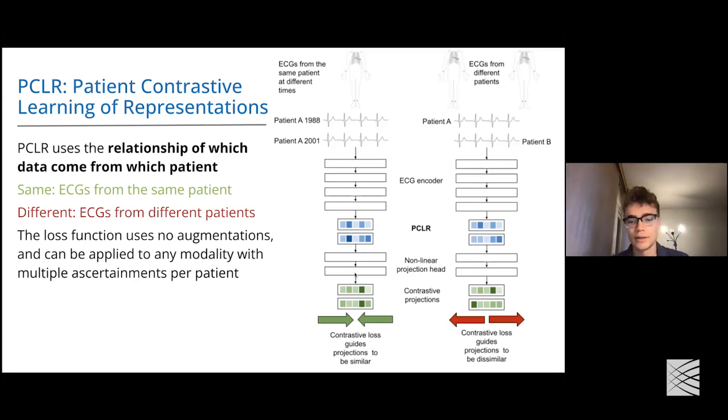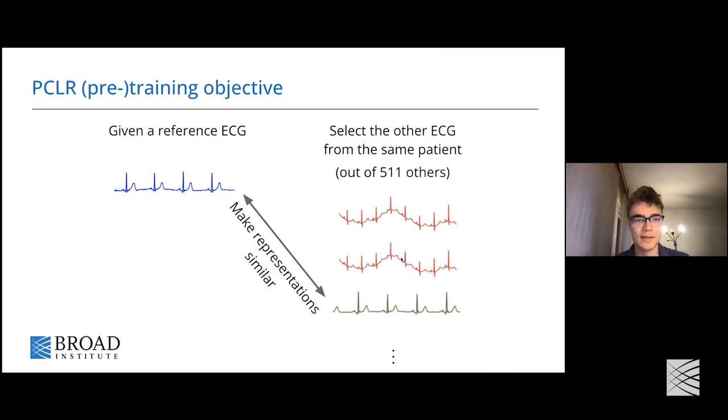Then it goes through a nonlinear projection head, which is just a two-layer fully connected neural network, and that outputs a contrastive projection. The contrastive projections for ECGs that come from the same patient are guided to be similar, and contrastive projections of ECGs from different patients are guided to be dissimilar using the contrastive loss. And I'll go into a little more detail on that.